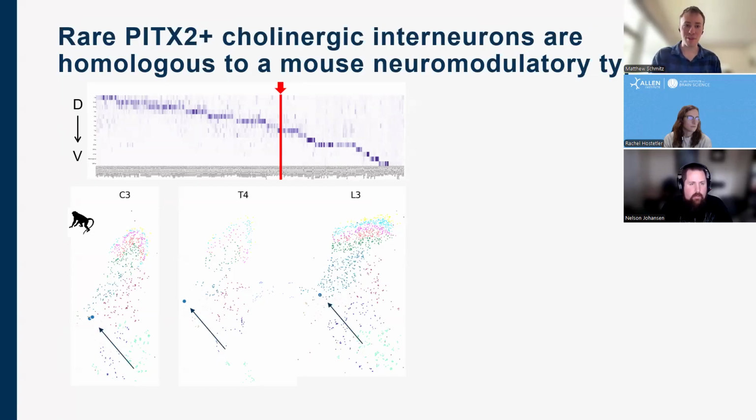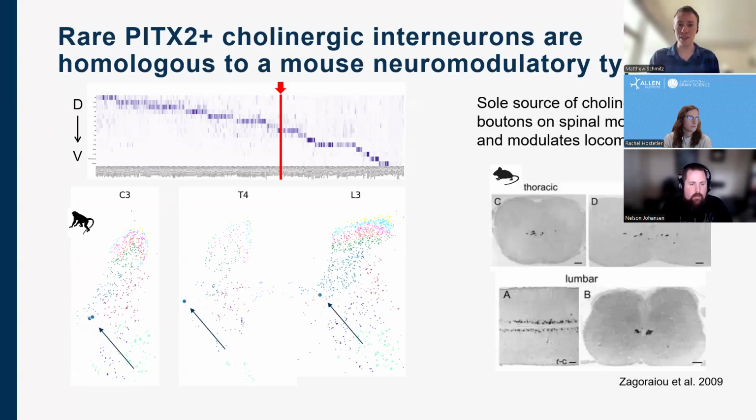Another interesting thing we found is that there are these PITX2-positive cholinergic interneurons, and these were identified in mouse. They haven't actually been seen in primates before. And these are the sole source of cholinergic C boutons, which synapse onto spinal cord motor neurons.